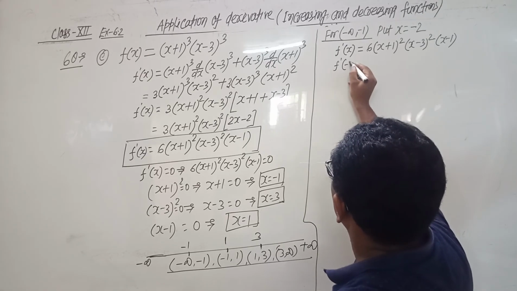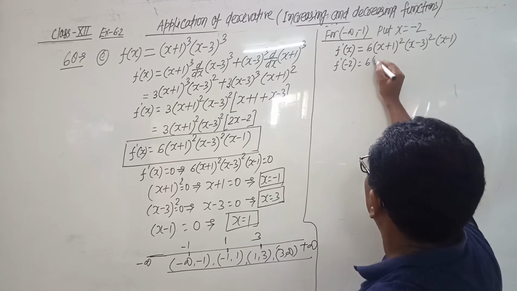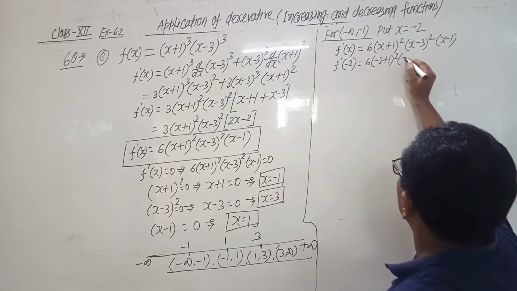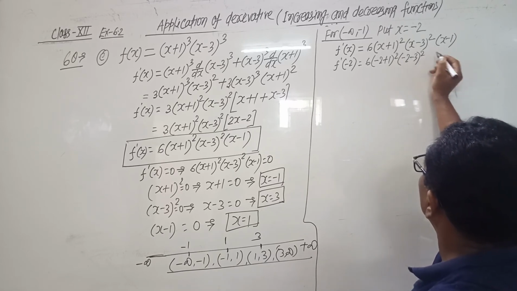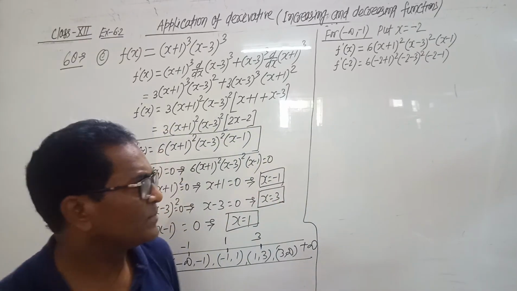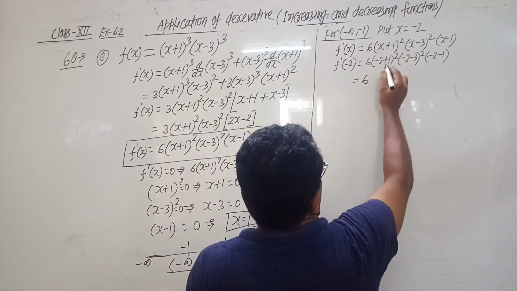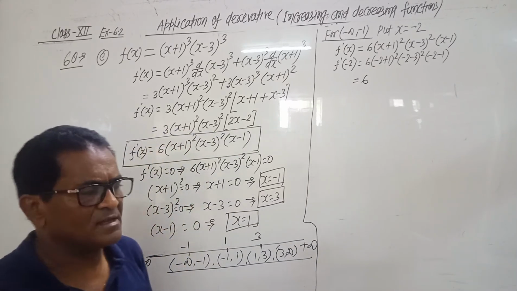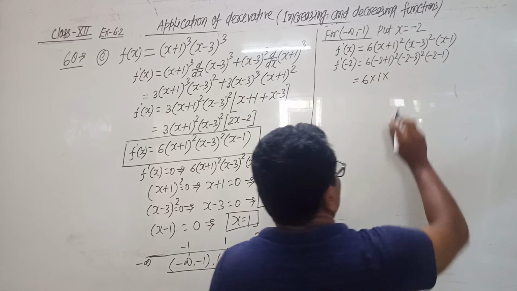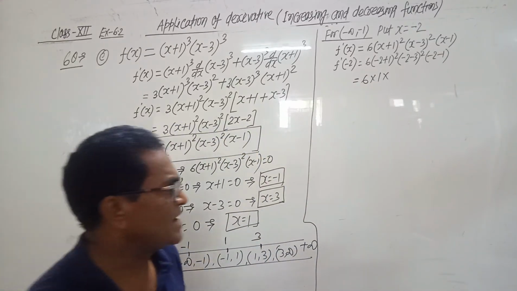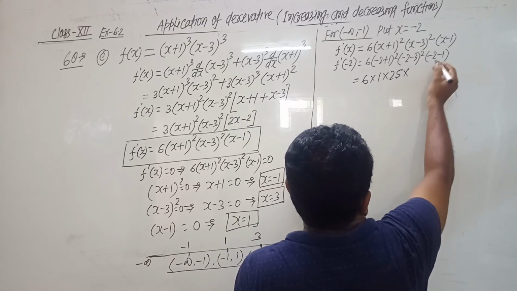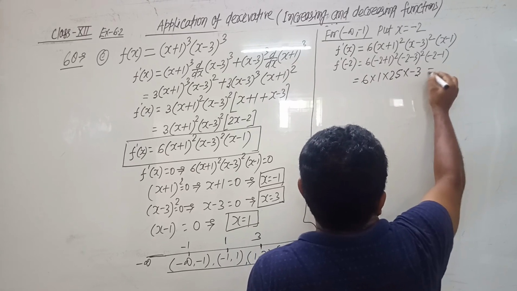So f′(−2) = 6(−2 + 1)²(−2 − 3)²(−2 − 1), and then solve. 6 times (−1)², which is 1, times (−5)², which is 25, times (−2 − 1) = −3.